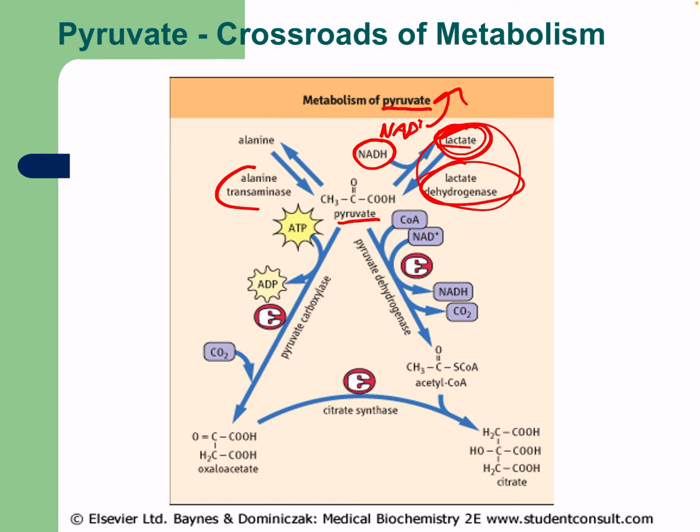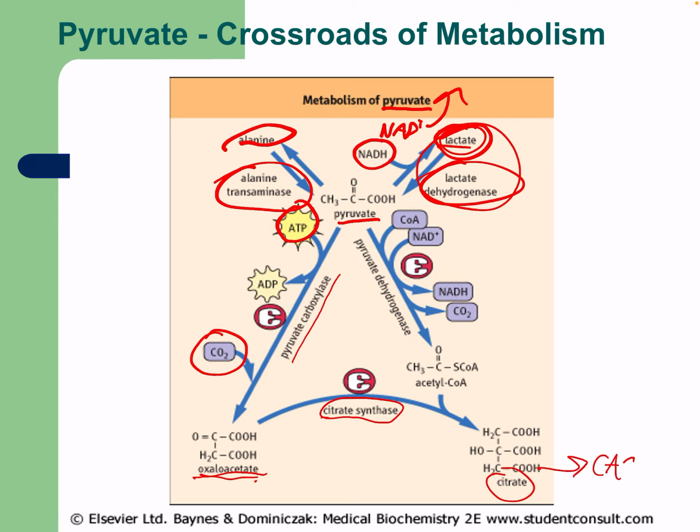We can also have alanine transaminase occur to produce alanine. Pyruvate can also use the enzyme pyruvate carboxylase, which requires energy, and CO2 enters. This gets us oxaloacetate, which we'll talk about as it can enter the citric acid cycle. Oxaloacetate can use citrate synthase to become citrate, and then this will go to the citric acid cycle.